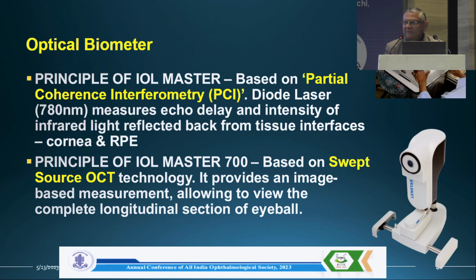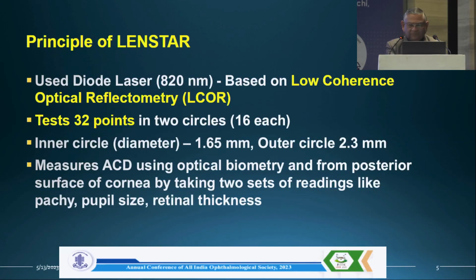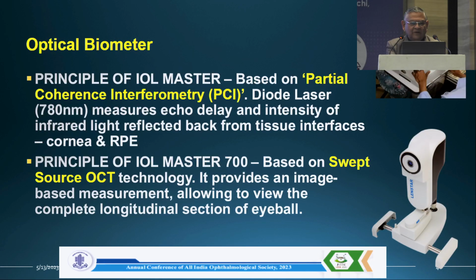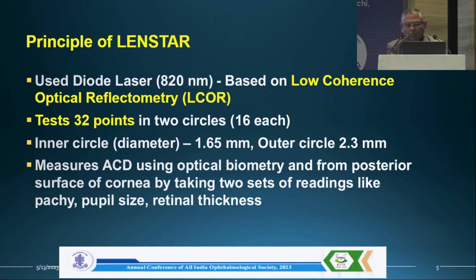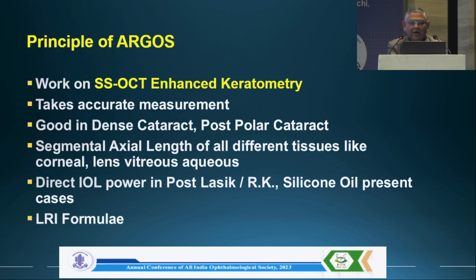But now they have come with more improvisation, and they are much better. They work on partial coherence interferometry, low coherence interferometry, or swept-source OCT enhanced keratometry. So they are different principles.